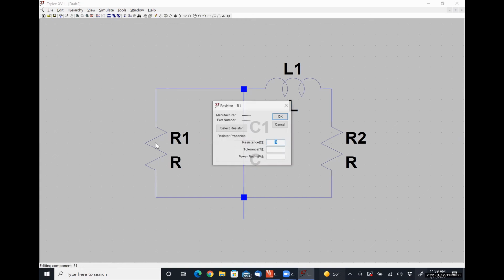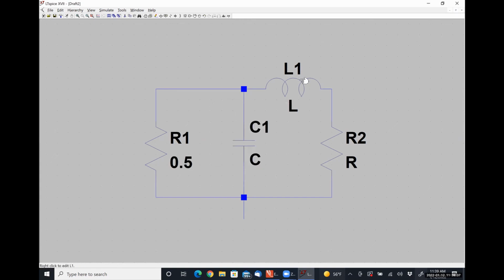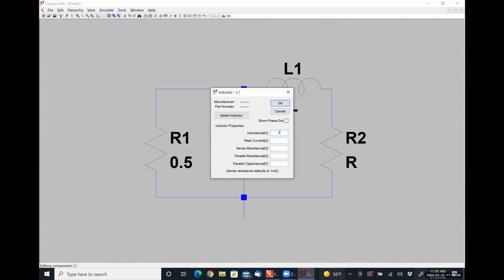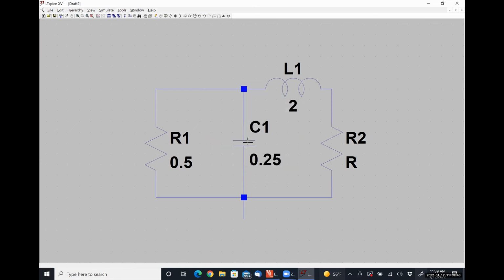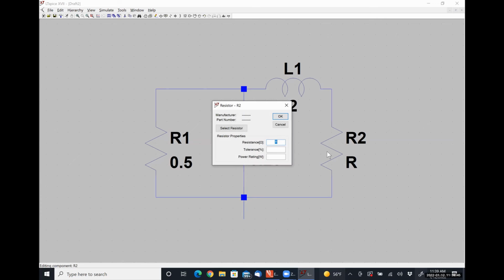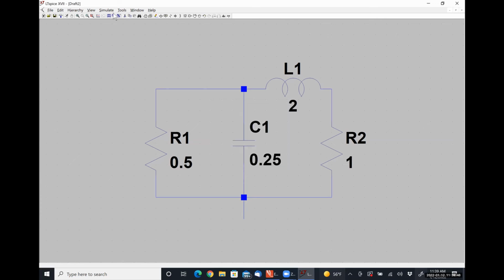Let me put in my component values. And I always choose to put my ground terminal on the negative polarity terminal of the capacitor.